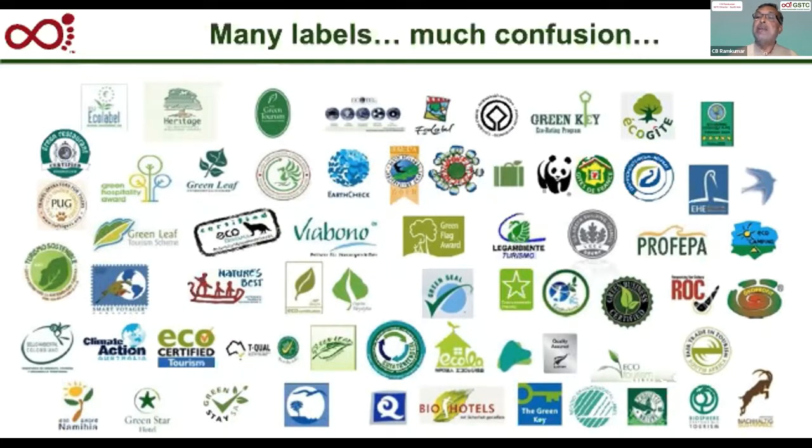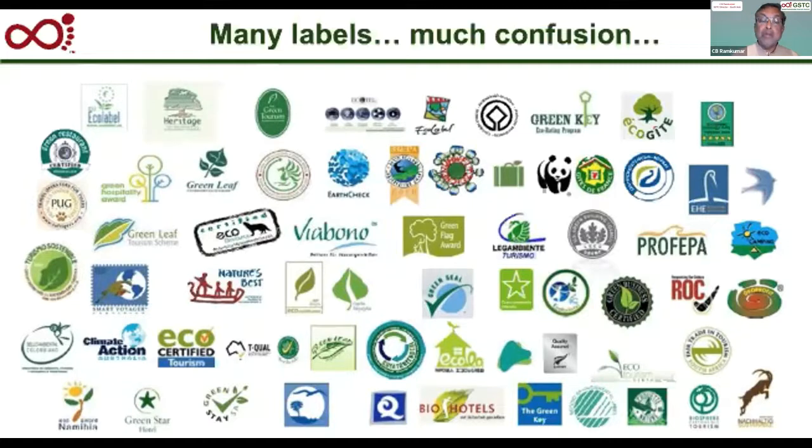Many standards have been created by many people around the world. We know presently of over 180 certification schemes: Green Hotel, Eco-Certified, Bio Hotels, Green Star, Green Seal, Green Mark. There are many, many of those. So when we look at this entire screen, how do we siphon through and figure out what is sustainable? And that's where the GSTC comes into play.